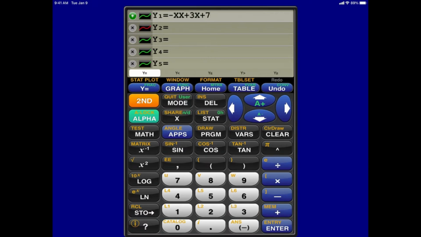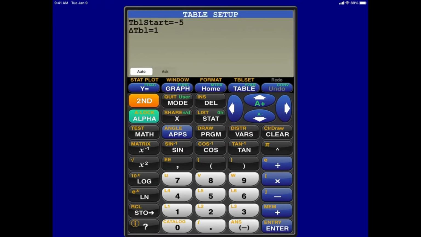Okay, now I'm going to do something called table set. So you're going to press second table, and I want you to be on auto. And you can start at -5, sure, and in the table, change in the table, you want it to go by ones. So you can just scroll down and press 1, okay? So go to table now, which is above the up key.